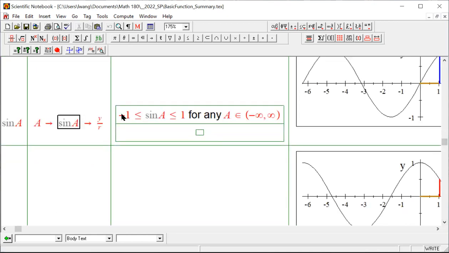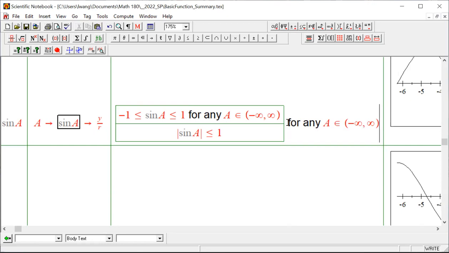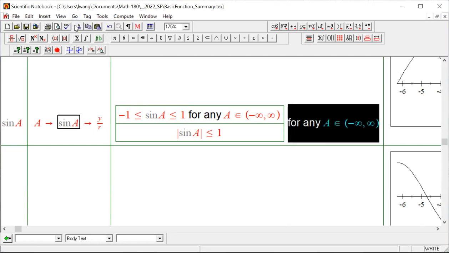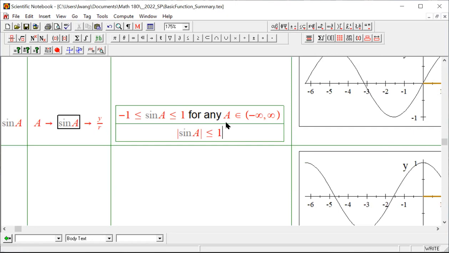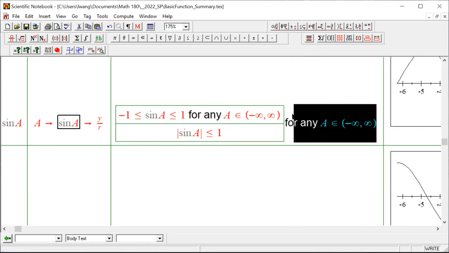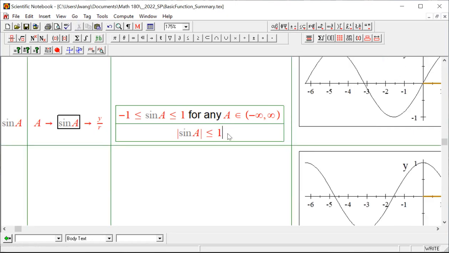The next version, of course, is the absolute value, which you're pretty familiar with. We talked about this multiple times. And the last one, of course, is the interval form.